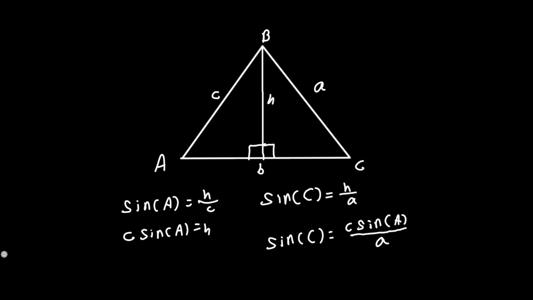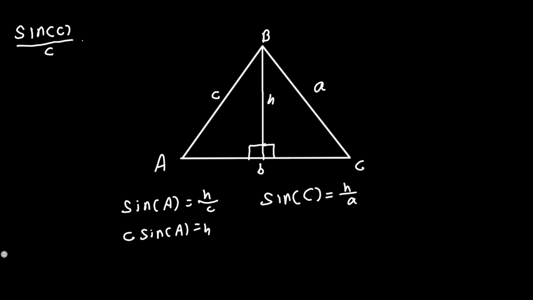And divided by c, right, we're going to get that sine of C over c is equal to sine of A over a. So pretty much we found that identity, right? Now we've proved that sine of C over c is equal to sine of A over a.